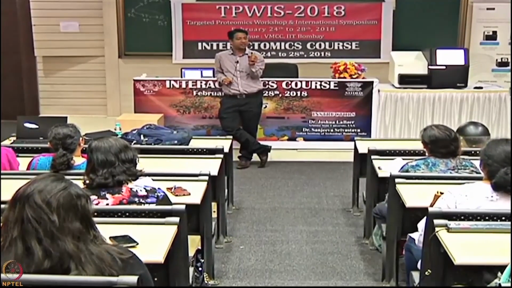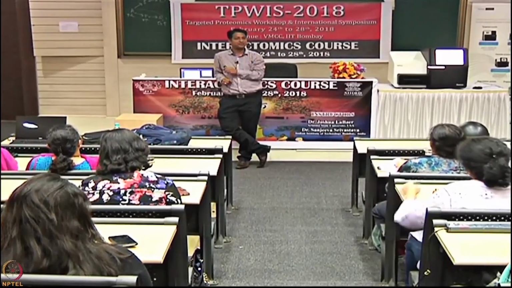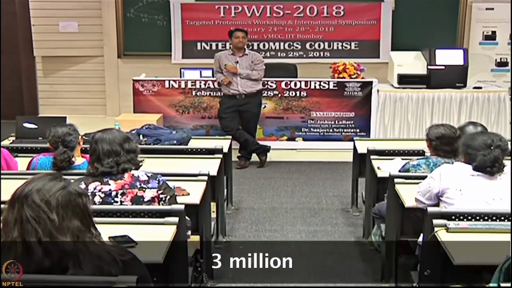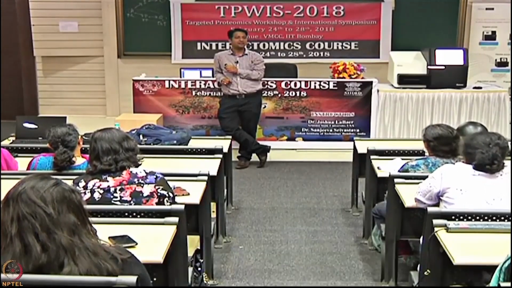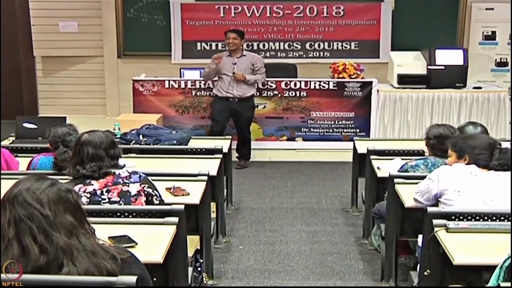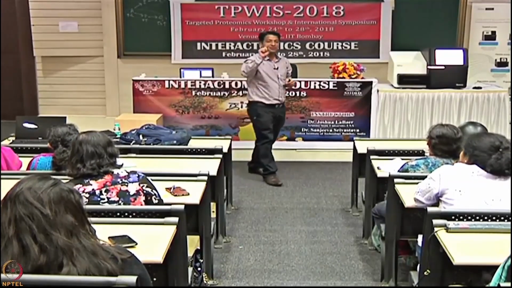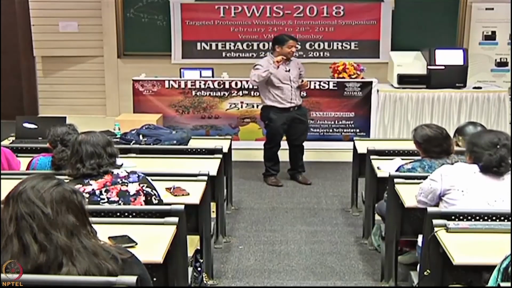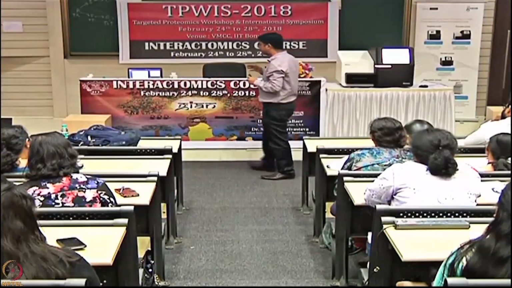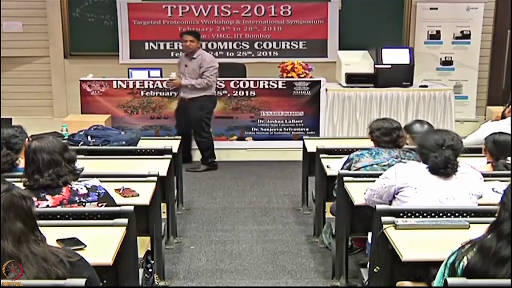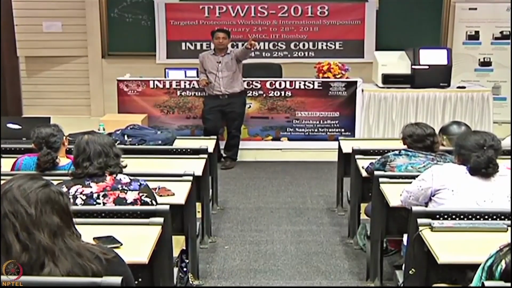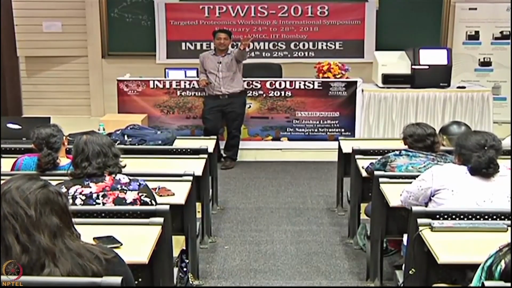So, 3 billion divided by 1000, how much is it? 3 million. So, you need to carry out 3 million Sanger reactions to complete the human genome sequence, and the sequence you get will be covered at 1x coverage. Even if you carry out 3 million reactions, you will be covering your bases only one time. So, the coverage will be 1x.